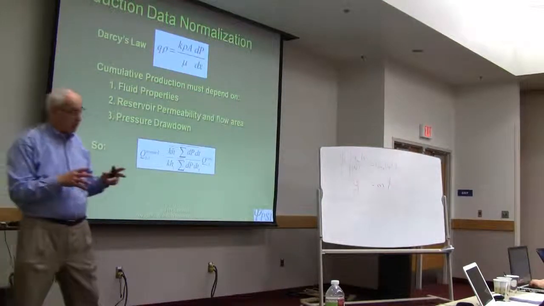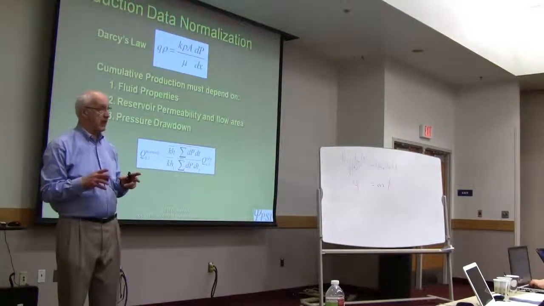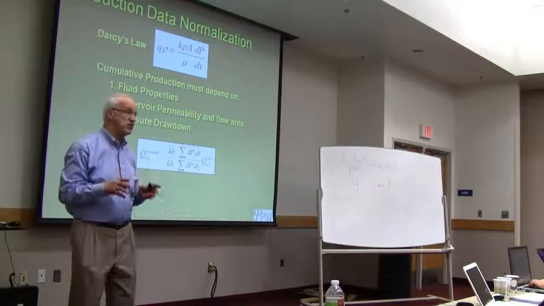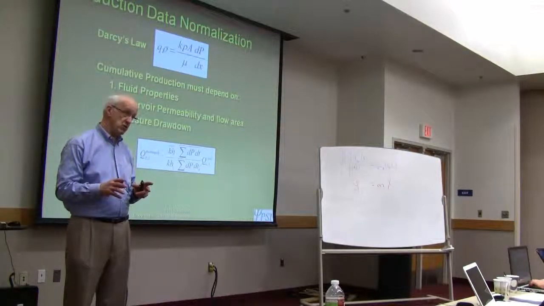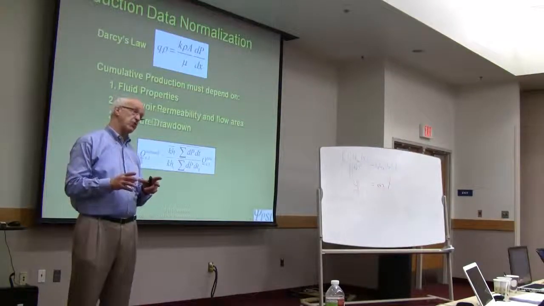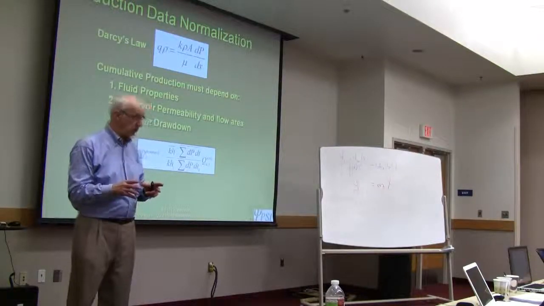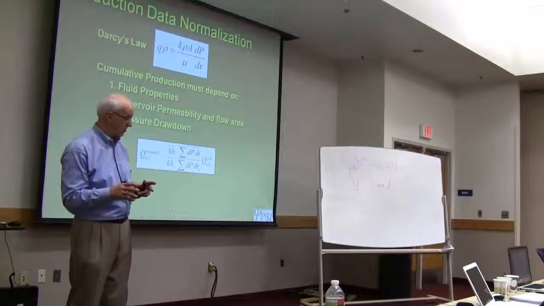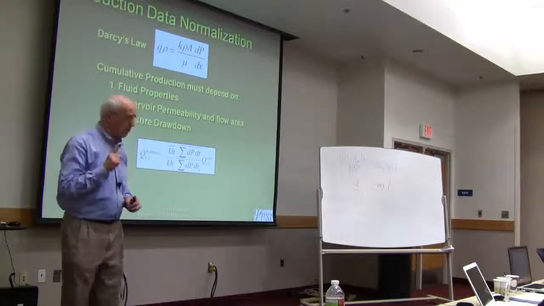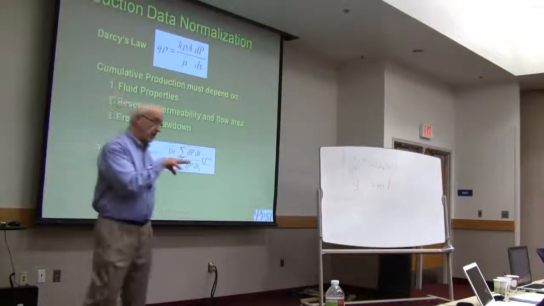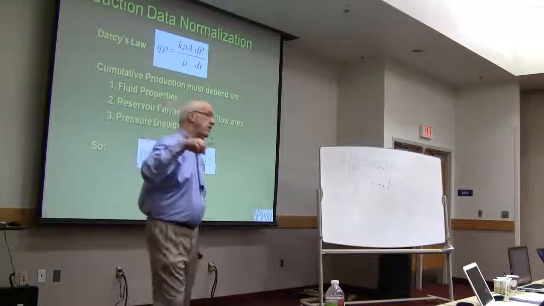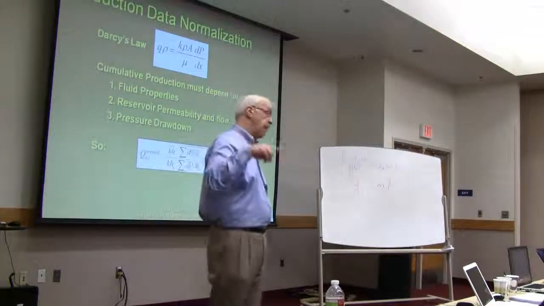The guys that only produced 5,000 barrels in that first month actually may be the ones who deserve the reward, simply because they had such a terrible KH, and they had such a terrible initial pressure, and they were operating with no compressor, no artificial lift, so they had a very high back pressure. All right? So it is just categorically not true that comparing volumes only is a fair test of a good well versus a bad one.